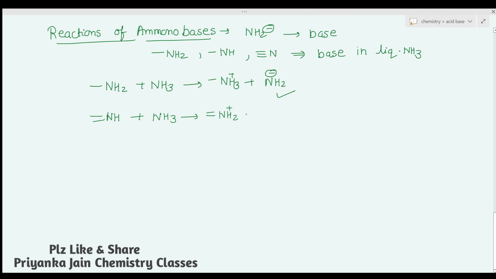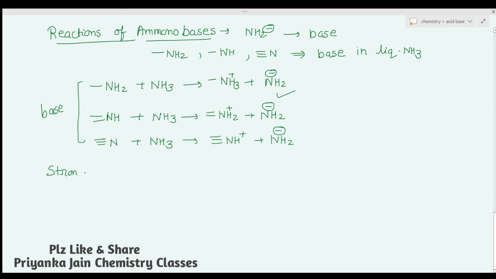It is accepting the proton and forming NH2−, so it is acting as the base. Similarly, if you are taking the nitride and treating it with NH3, then it is forming NH2+ plus NH2−. So now you can see all of these compounds are giving the NH2− ion. So these are acting as the ammonobases.